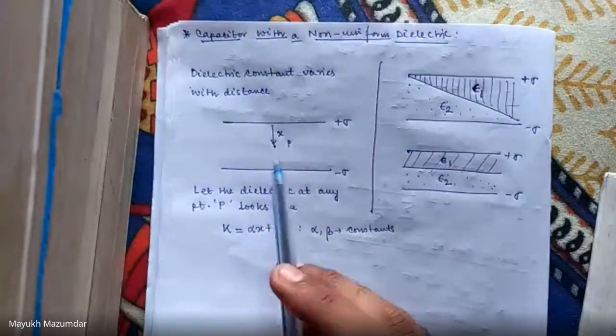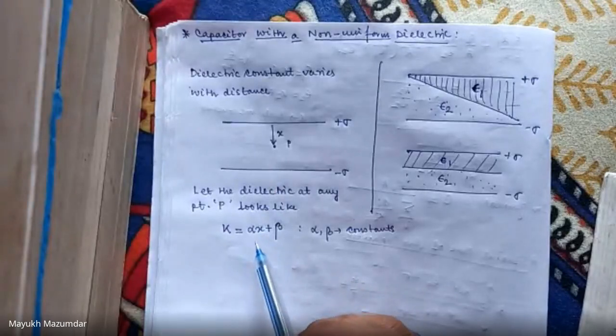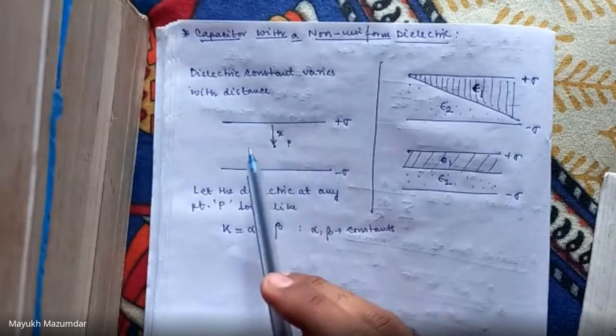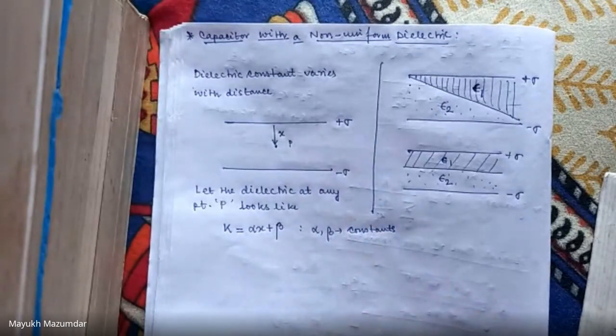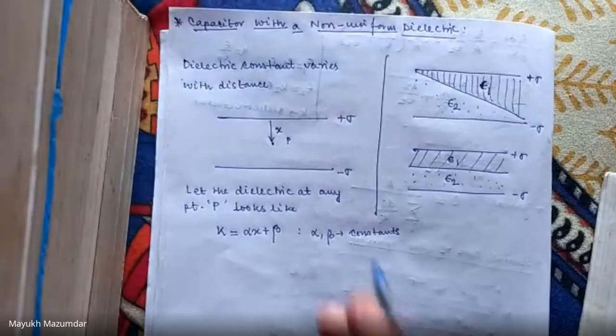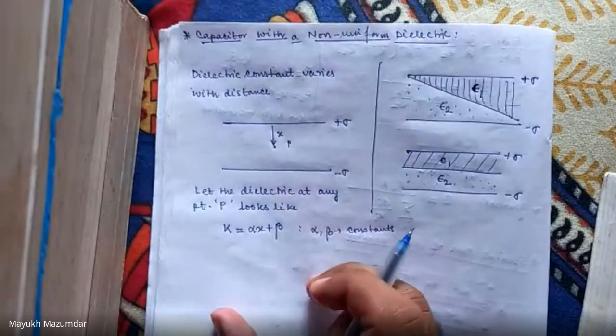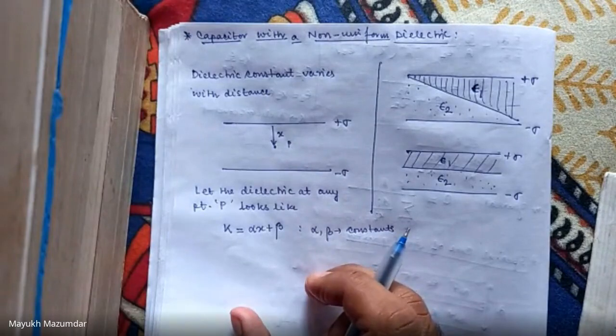So can you see that as x changes, the dielectric constant changes? Yes, sir. Okay, so this is a non-uniform dielectric constant case.